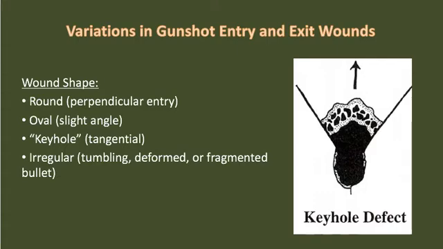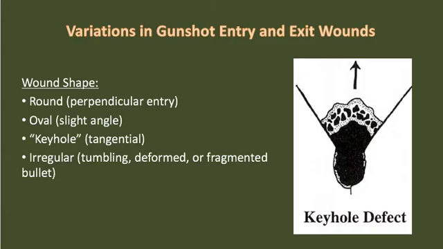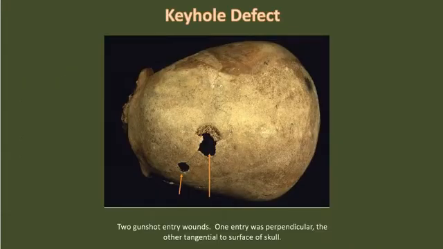You can also have an irregular hole like you see there. That tends to happen if you have some kind of deformed bullet, like if a bullet bounced off of something before it hit the person. Here is a picture of what the keyhole defect looks like. So we have two gunshot entry wounds.